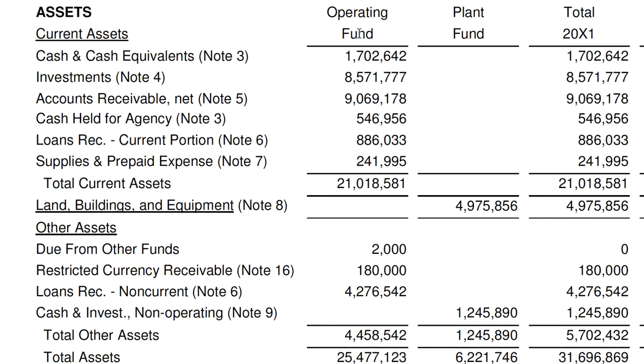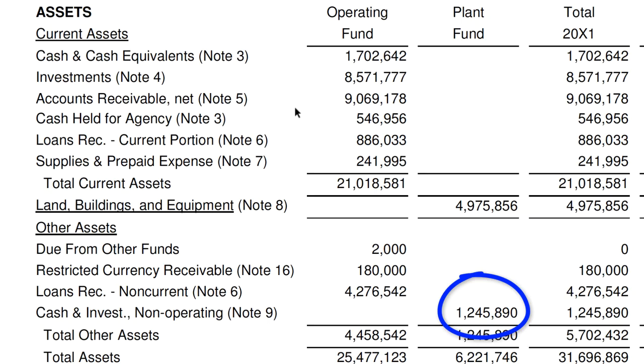This has a real advantage to the church by segregating them out, because we then keep apples with apples and oranges with oranges. If we put them both together, it gives the impression that we have a lot of money for current operations, while in fact a lot of that money might be for new buildings or equipment. So if there's money or investments that belong to the building fund, then they are not current assets.